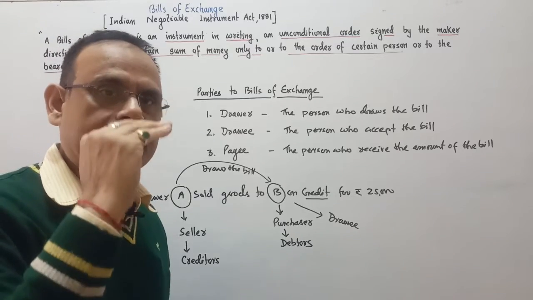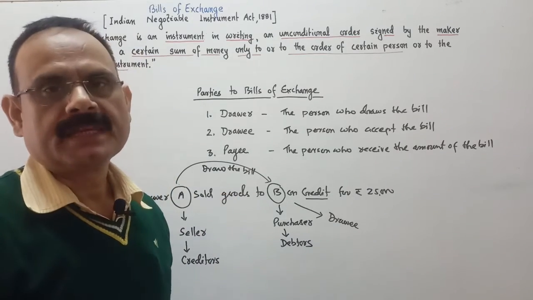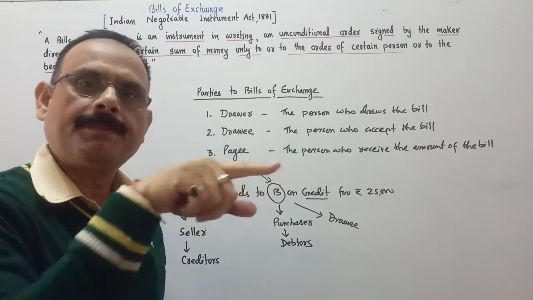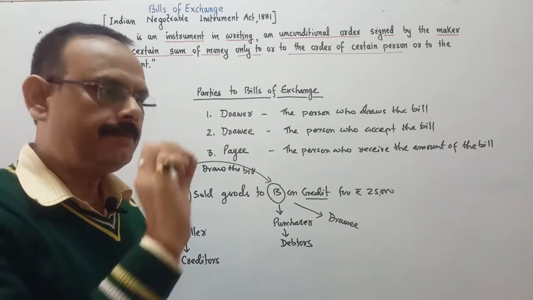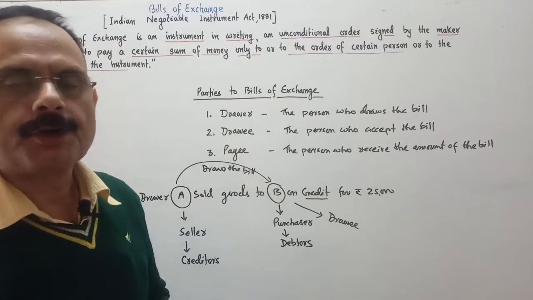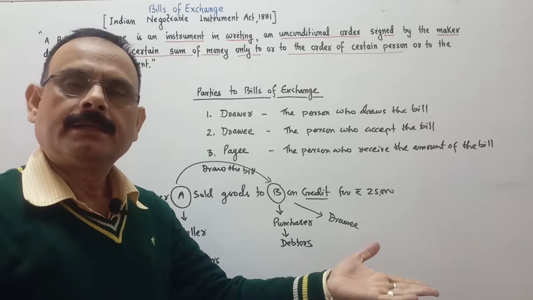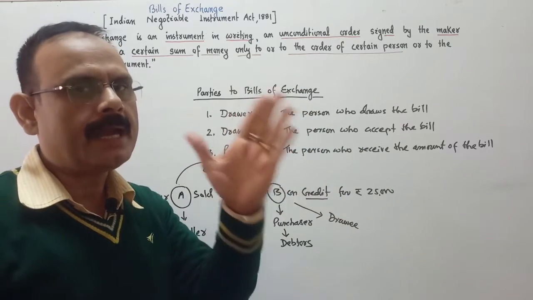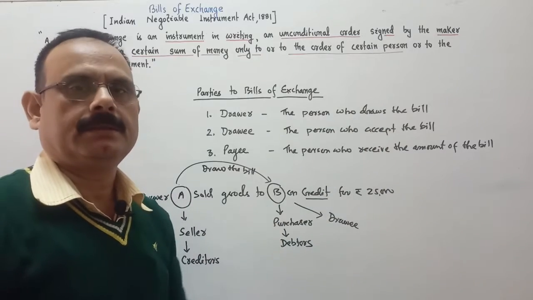If the bill is retained by the drawer till the date of maturity, then the drawer will be the payee of the bill. If the bill is discounted by the drawer with the bank before maturity, then on the due date the bank will get the amount, so the bank will be the payee of the bill.